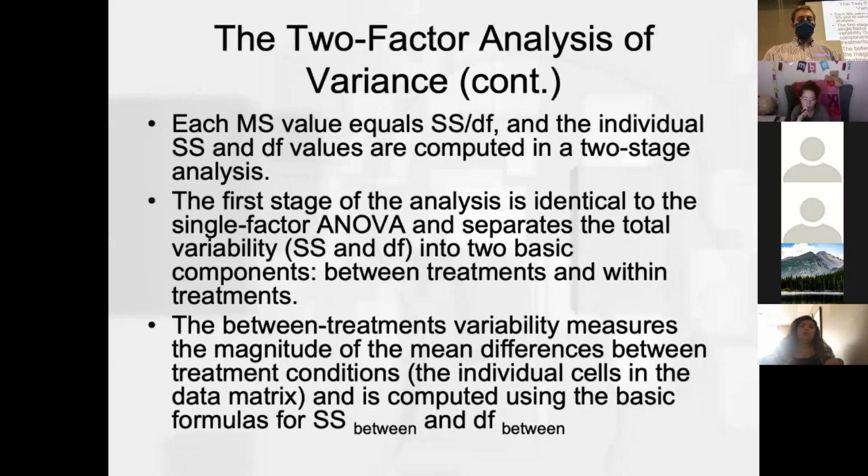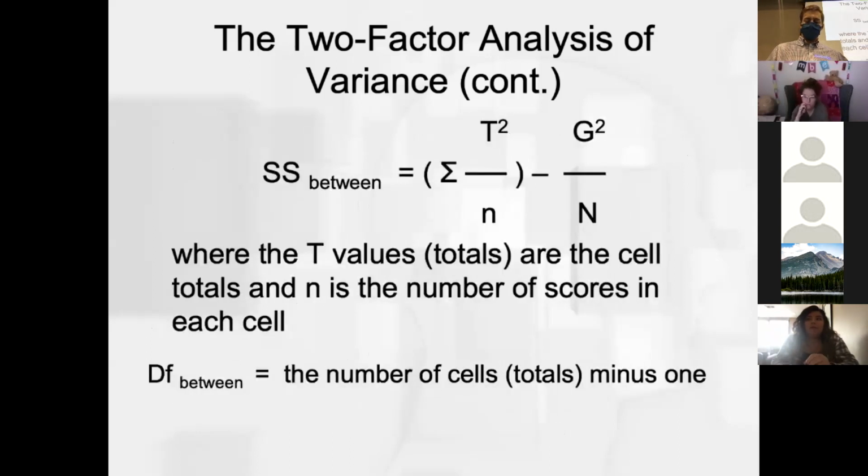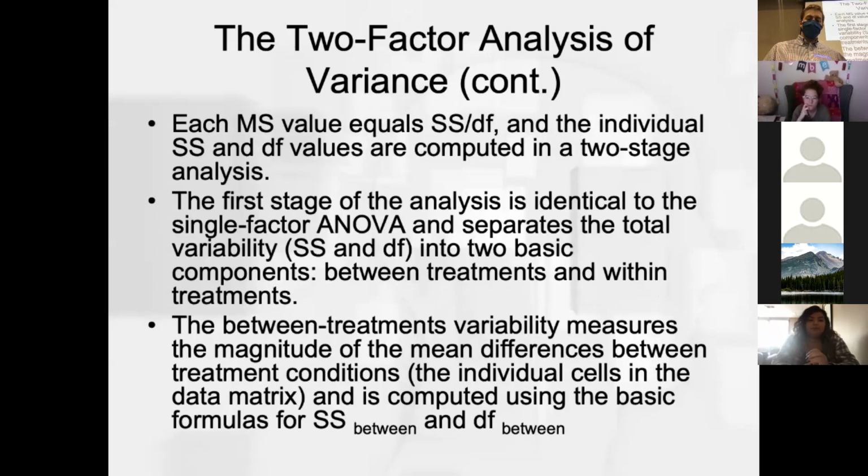That between treatments variability measures the magnitude of the mean differences between the treatment conditions, aka the individual cells in that matrix, and is computed using the basic formulas for sum of squares between and degrees of freedom between, like we've gone over before.